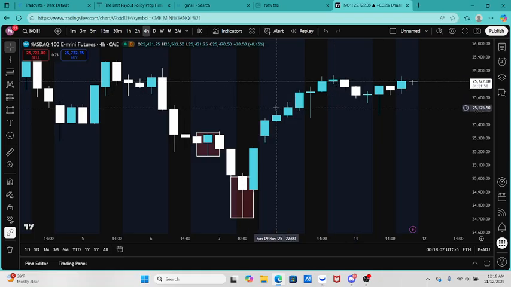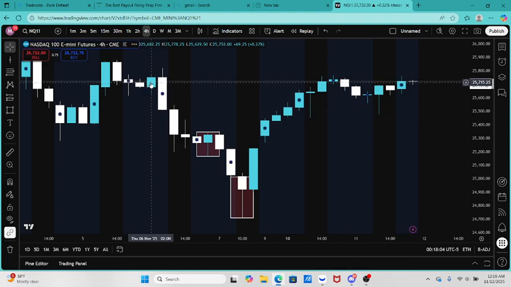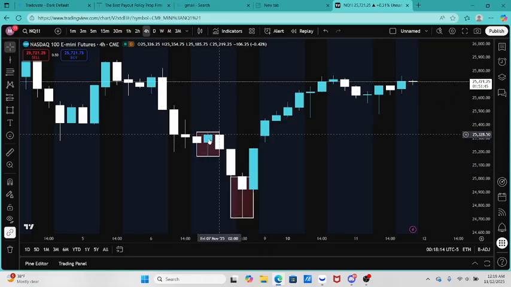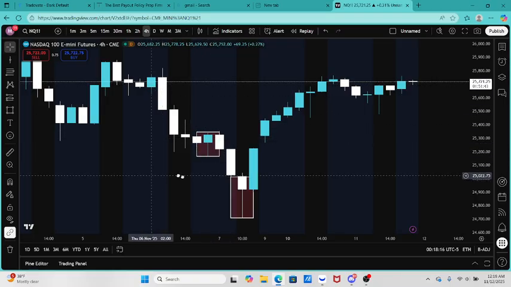And then you have an order block here as well. Another order block, because you have a price leg here and it kind of stops and creates another leg. So that's another block right there.